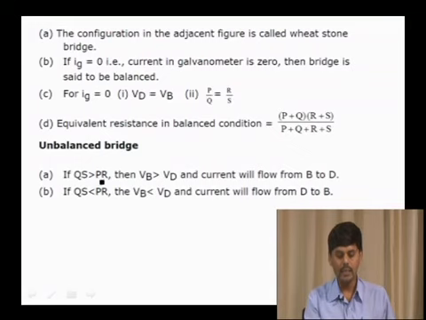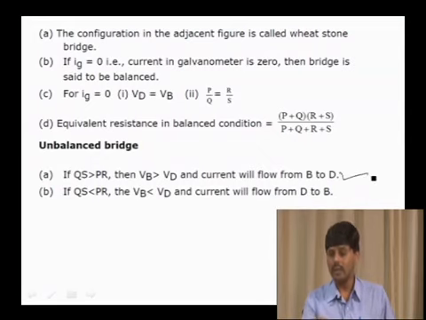If QS is greater than PR, then VB is greater than VD, and the current will flow from B to D. The second one is, if QS is less than PR, then VB is less than VD, and the current flows from D to B. It is very important. There is no need to calculate the entire thing, only observe whether these values are greater or lesser. By taking the help of this concept, we can easily find in which direction the current is flowing.